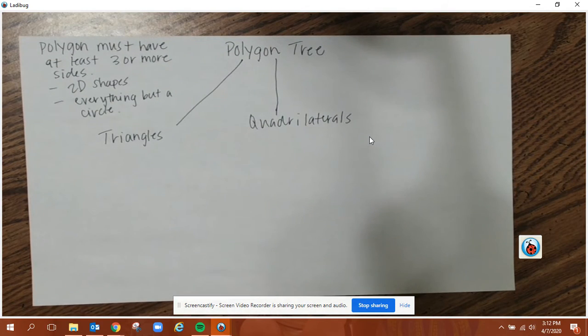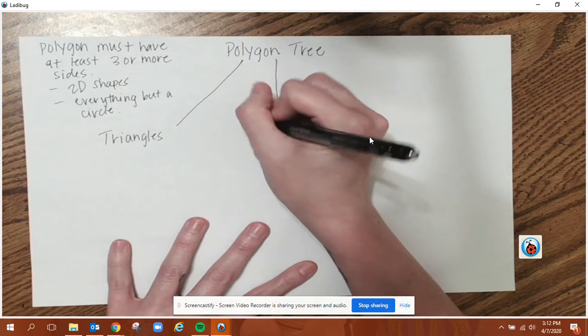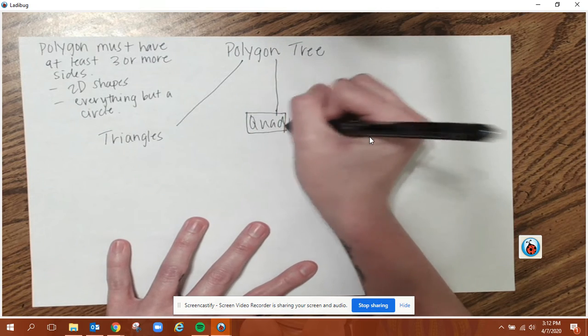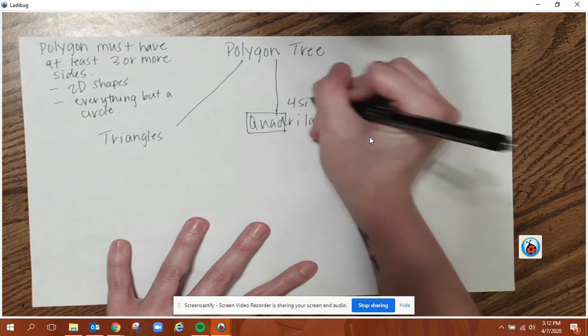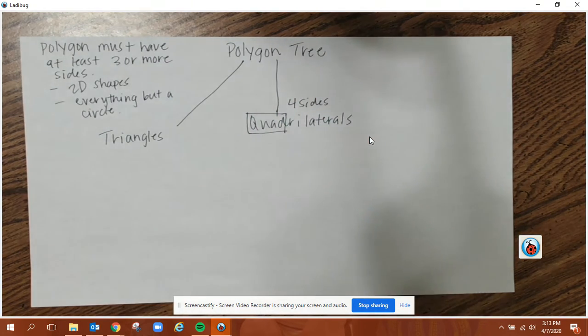Okay, so remember we talked about quadrilaterals are any shape that has 4 sides, right? Okay, so within our quadrilateral subset, we can classify quadrilaterals differently by the number of parallel sides.